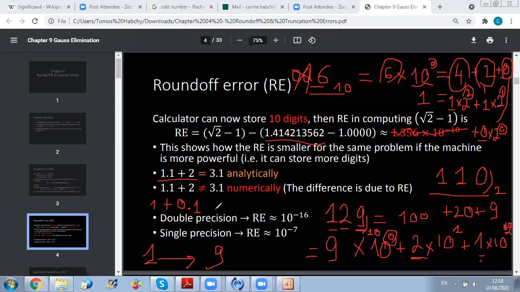It has a finite number of digits after the comma, so it's fine. But if you convert it to binary, you will see that in the binary system, 0.1 is a non-ending number. So you have 0.0999, etc. We will see how.